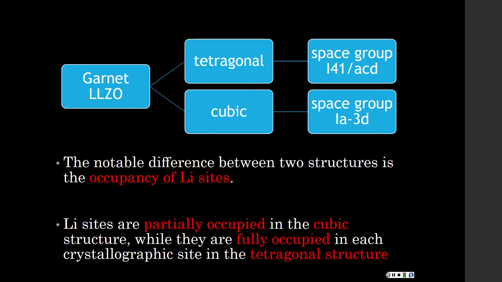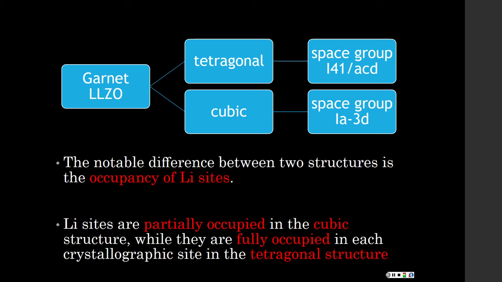In these two phases, cubic and tetragonal, almost everything is the same, but the main difference is the occupancy. In the tetragonal phase, out of 56 sites, all 56 sites for lithium are fully occupied by 56 lithium atoms. But in the case of cubic, these 56 sites are partially occupied by 120 lithium atoms. So there are atoms in 24D sites and atoms in 96H sites.